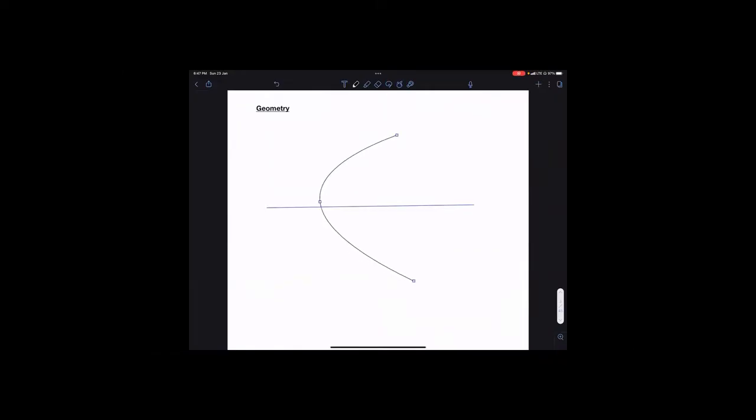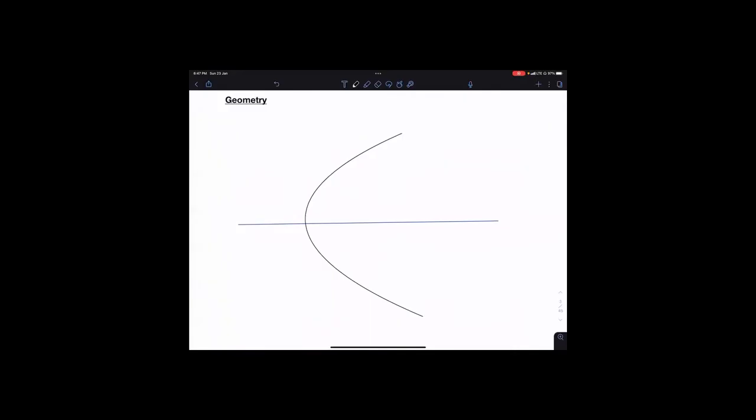Now, the parabola is symmetric about some line. That line is called axis. Symmetric means you understand, no? So there is a symmetry of the parabola along one line that is called axis of symmetry or simply called axis. I'm not saying whether it is x-axis or y-axis, just simply axis. It can be vertical also, the axis of symmetry. Just the geometry part.